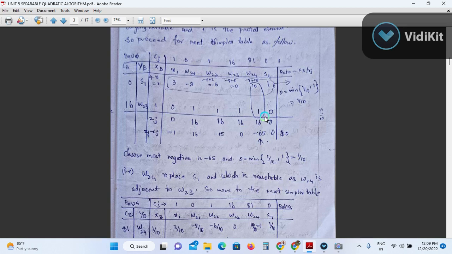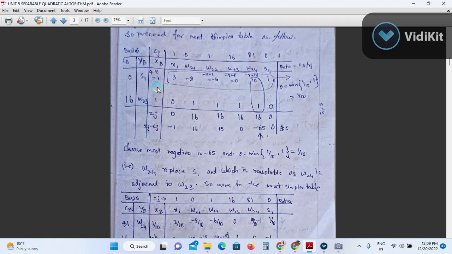The next thing is, I have to make this entry become 1 and the remaining entries in that column should be made 0. So how do you make it? The pivotal element becomes 1 if we just divide by 10, right? So 10 divided by 10, therefore this entry becomes 1. The same operation should be done for the entire row, including this basis value, right? So that is what we have done here: 1 by 10, 3 by 10, minus 8 by 10, all those things.